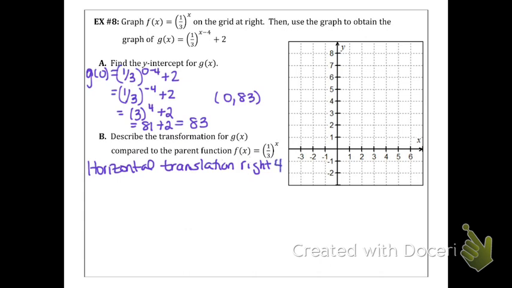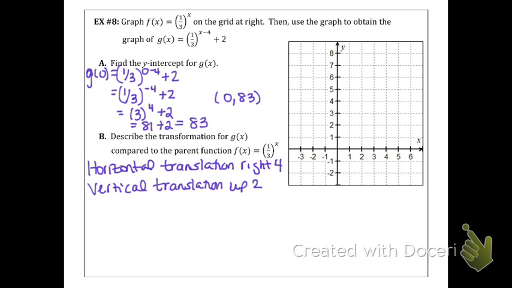And then we have the plus 2 at the end, which is a vertical translation up 2.